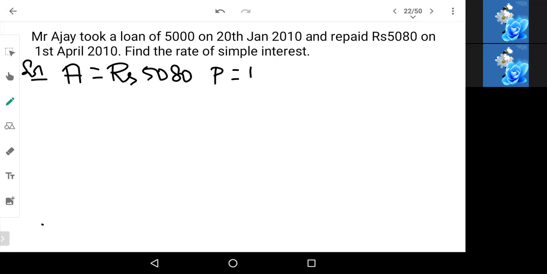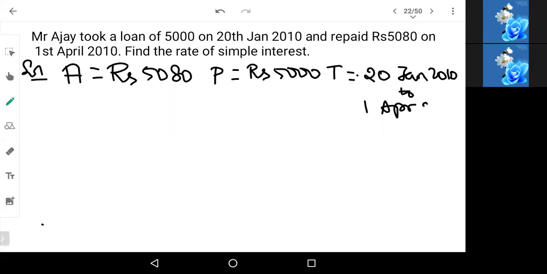Principal is given to us, which is 5,000 rupees. And then they have given us the time. So time is from 20th Jan 2010 to 1st April 2010.